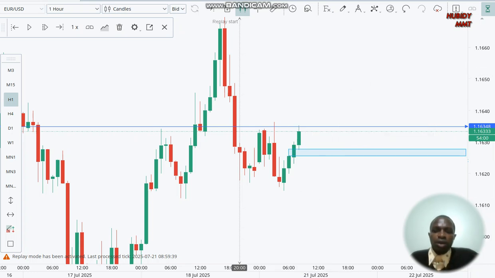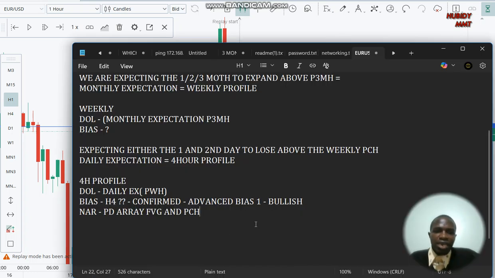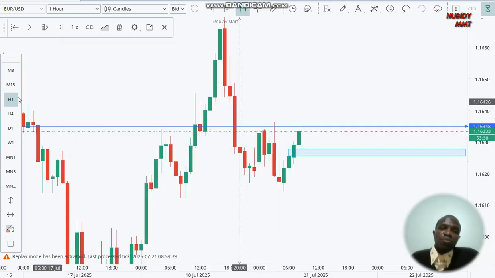Now, after I've marked my narrative, I go to my context. In my context, I'm just observing price action. We are observing the price action, but we are observing with an expectation.